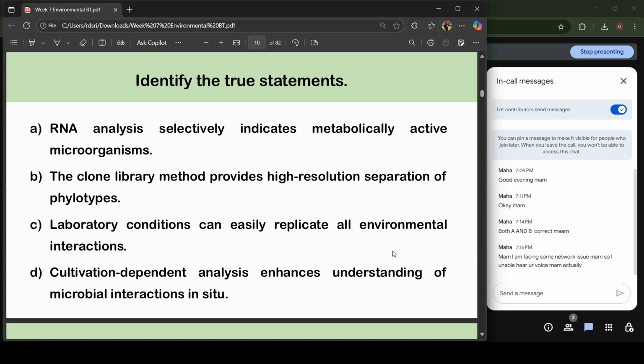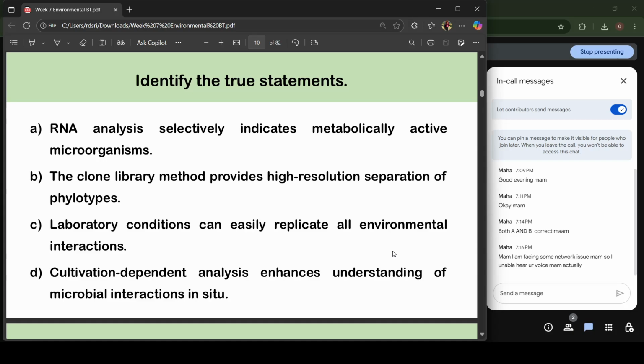Whenever we talk about RNA, it is because the gene is functional and is going to be expressed. We also know that the life of RNA is very short, and the detection has to be very rapid if we go for RNA analysis.